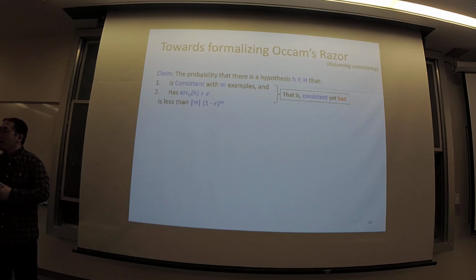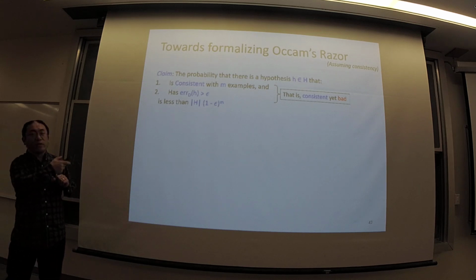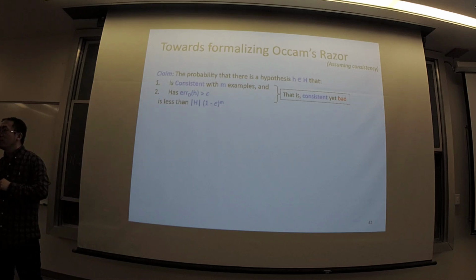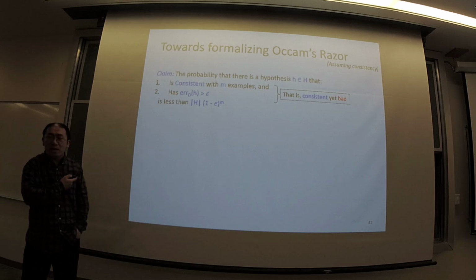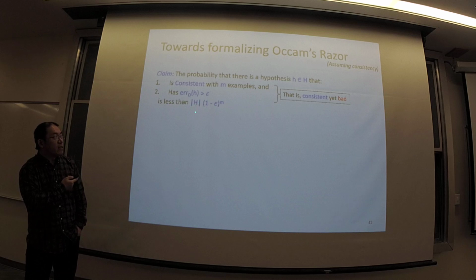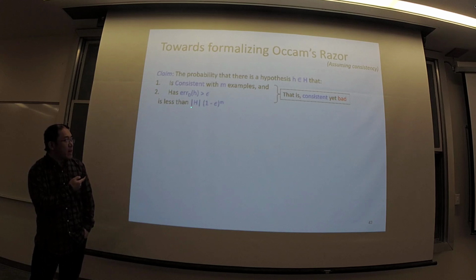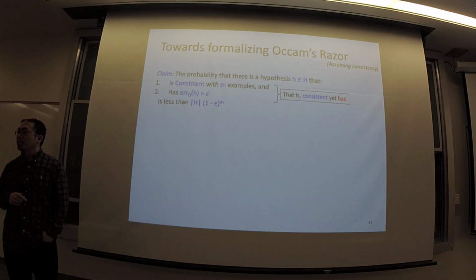Now we're talking about the probability of this event happening. I can tell you the probability of this bad event happening. This bad event is upper bounded by the size of the hypothesis space multiplied by (1 minus epsilon) to the power of M. Why do we call this event a bad event?